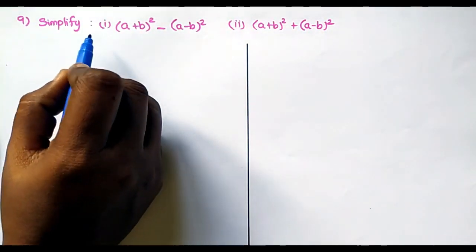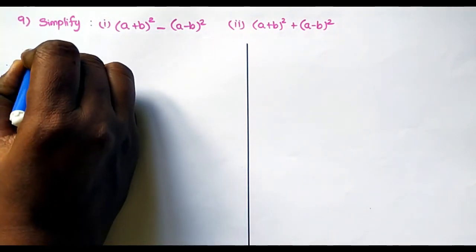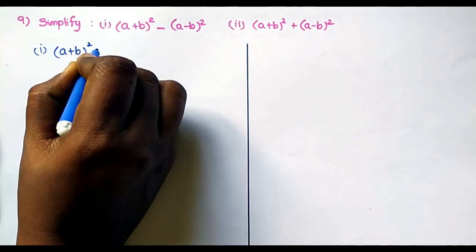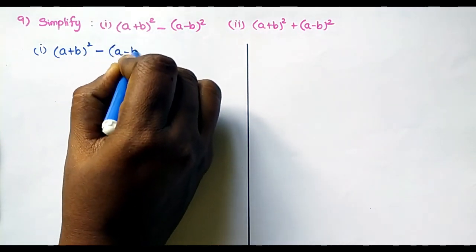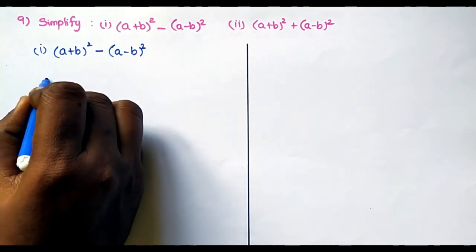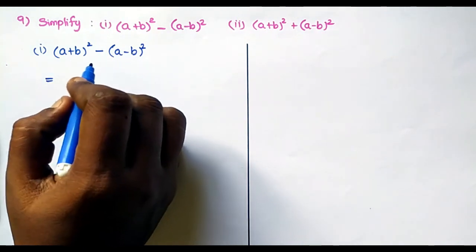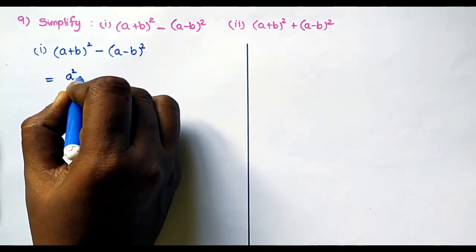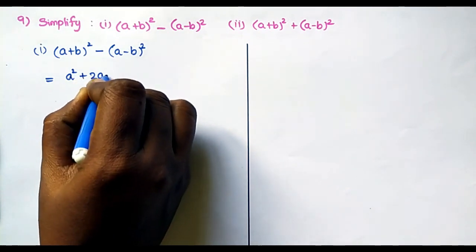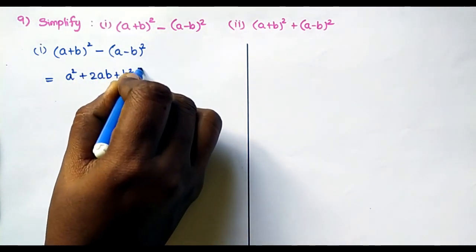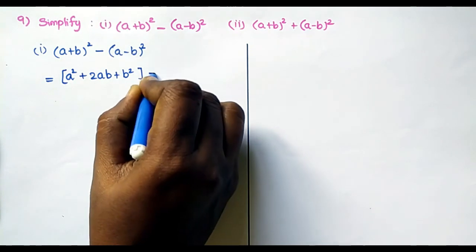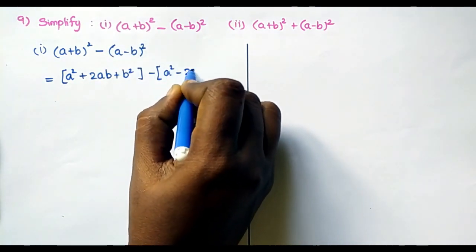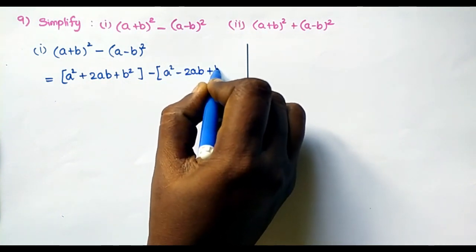Ninth sum, simplify. First subdivision, a plus b whole squared minus a minus b whole squared. We know this identity, a plus b whole squared, that is a squared plus 2ab plus b squared, minus a minus b whole squared, a squared minus 2ab plus b squared.